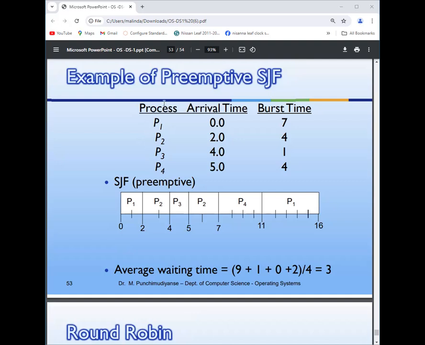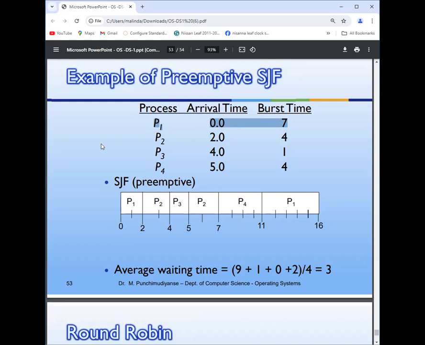Right. Okay. So first at time equals 0, P1 arrives. P2, P3 and P4 haven't arrived yet. So only P1 is in the queue at time 0 and its burst time is 7. So we will start giving CPU time to the P1. So really, follow with me.